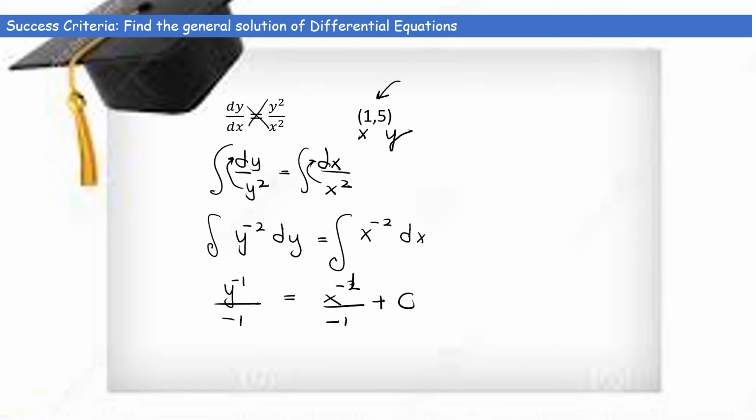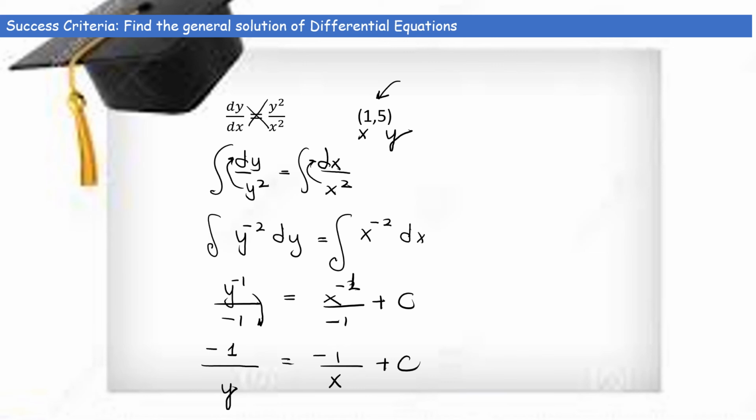Now it is better to make the whole equation with positive exponents. So bring y to the power negative 1 to the denominator, you will get y to the power 1. 1 over negative 1 will give you negative 1. Same thing over here, so you will get negative 1 over x plus c.